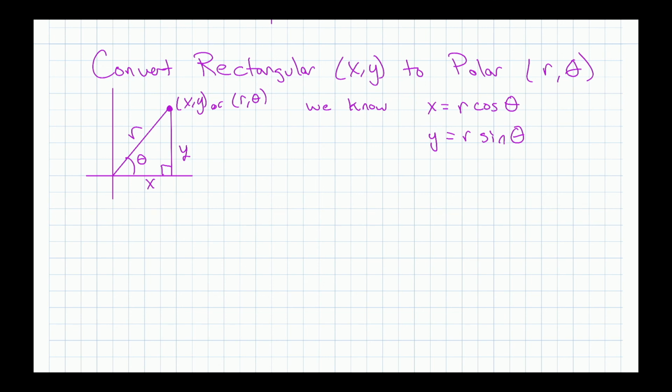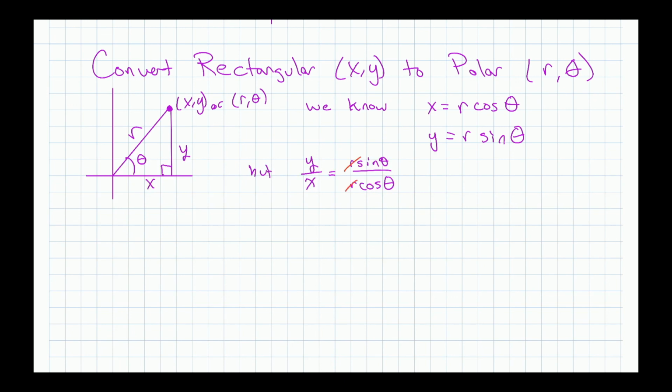So the first thing is this, if you compute y over x using these formulas here, so y is r sine theta, x is r cosine theta, what do you get? You get r sine theta over r cosine theta, right? Just substituting in what y and x are. But the reason you want to do this is because you can see that there's an r on the top and an r on the bottom.